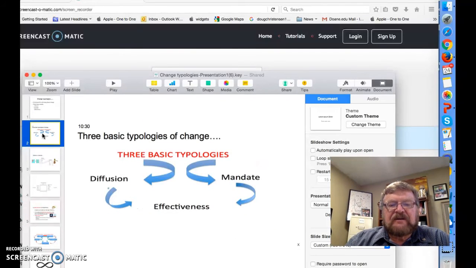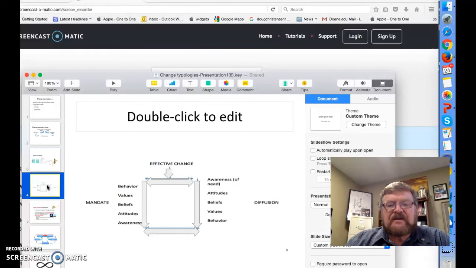Here's what it basically looks like. The diffusion model and the mandate model coming together in the effectiveness model. And so we're back to this, which means if you really want to affect change, it's probably best that your strategy include both immediate behavior that goes through behavior, values, beliefs, attitudes, and awareness, and awareness, attitudes, beliefs, values, and behaviors, so that they'll meet as they continue to go around that circle or around the outside of the square.